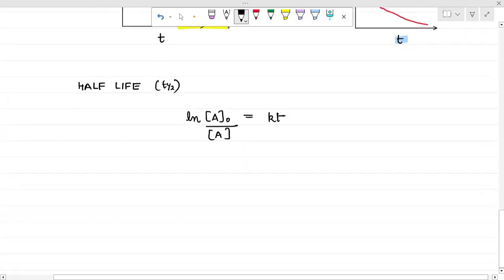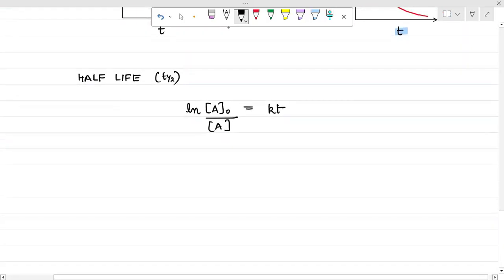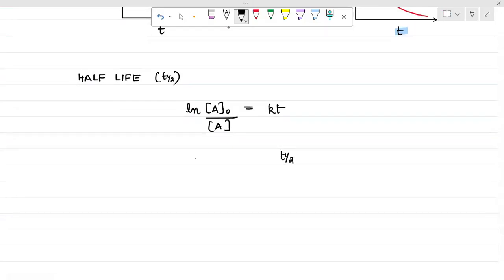What will happen at T half? At T half, this will become 1 by K. I took K to the other side. Ln of initial concentration won't change. Final concentration will become A naught by 2. Correct? So final concentration is A naught by 2.